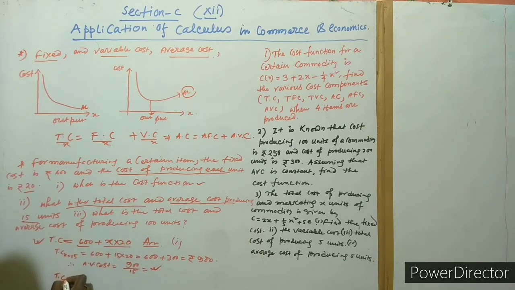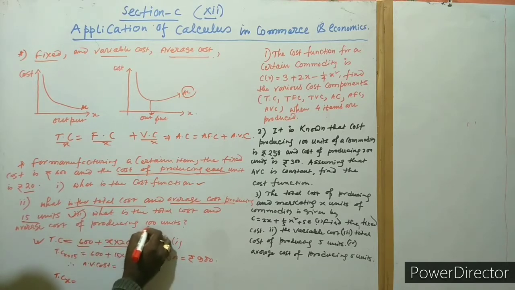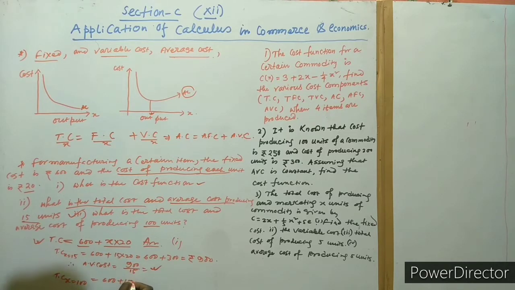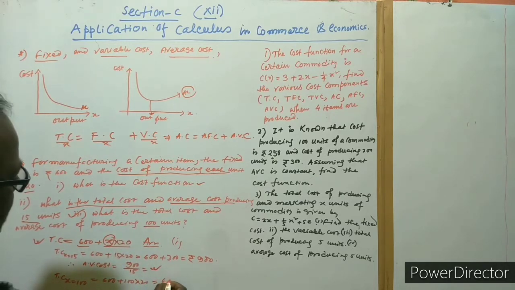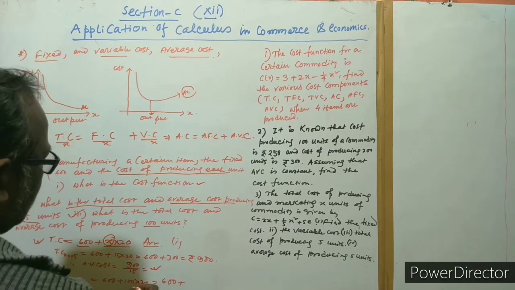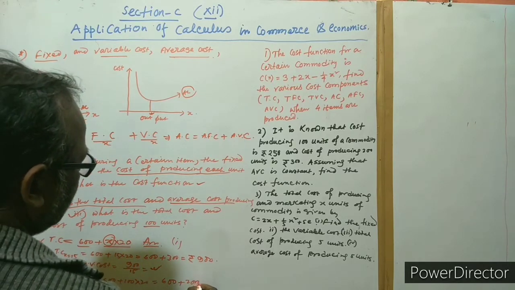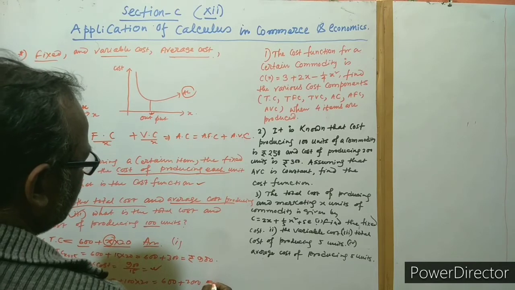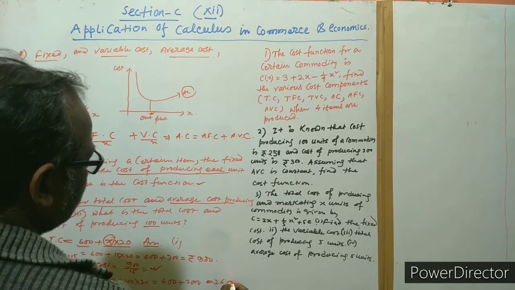And total cost when X is 100 units is equal to 600 plus 100 into 20, that is 600 plus 2000, which is equal to 2600.